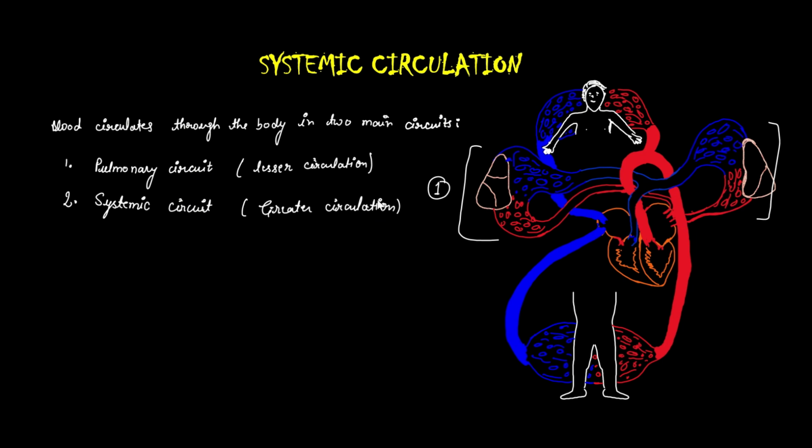The greater circulation starts from the left ventricle, through the aorta, and then from the aorta the oxygenated blood is supplied to various parts of the body, the upper part and the lower part, by different arteries arising from its different parts. Then deoxygenated blood is carried to the right atrium by the superior vena cava and inferior vena cava. So this circulation is the greater circulation.